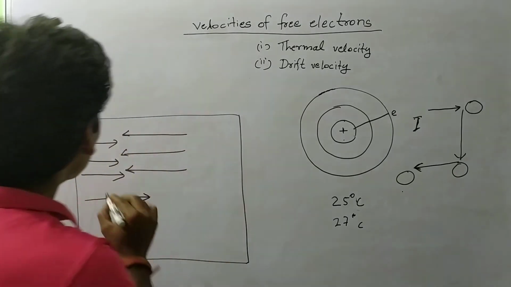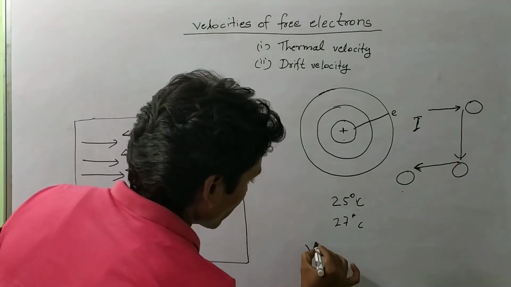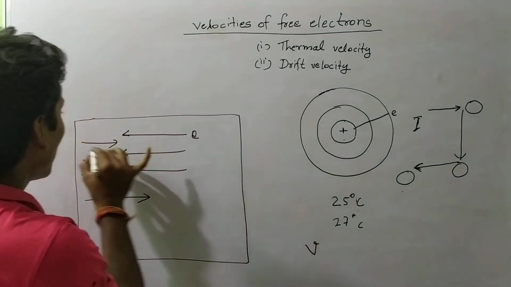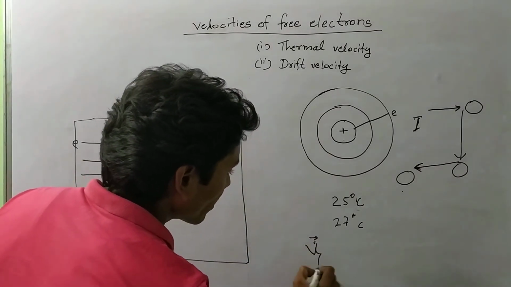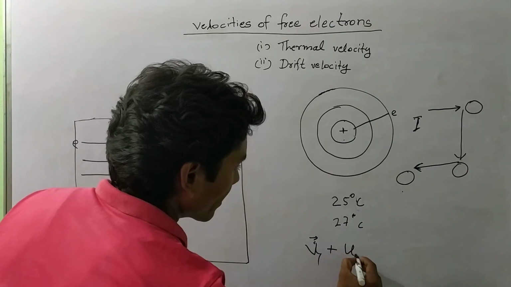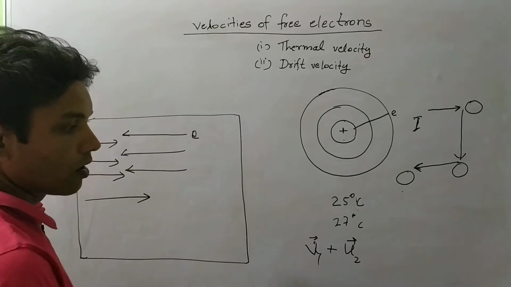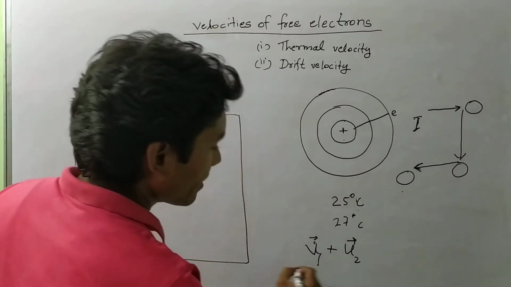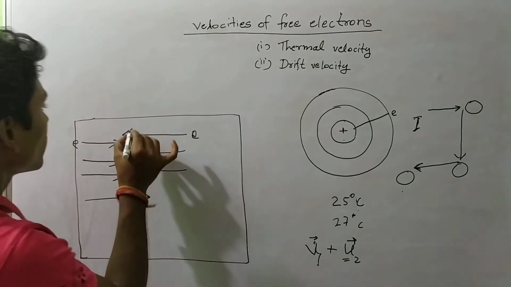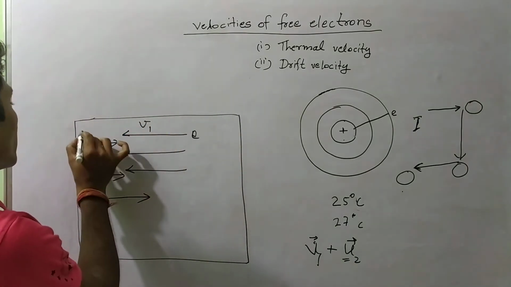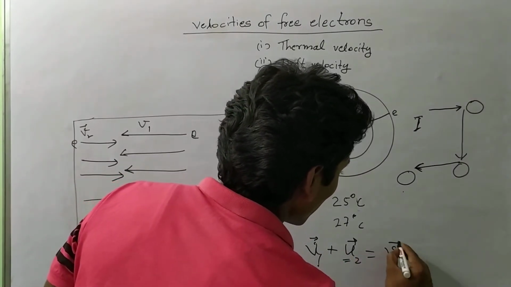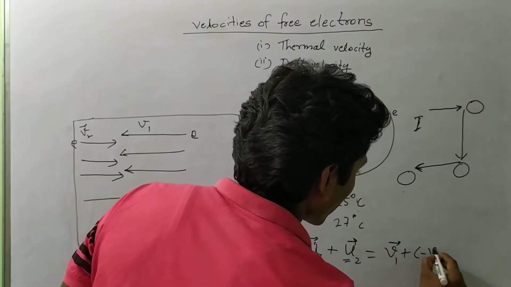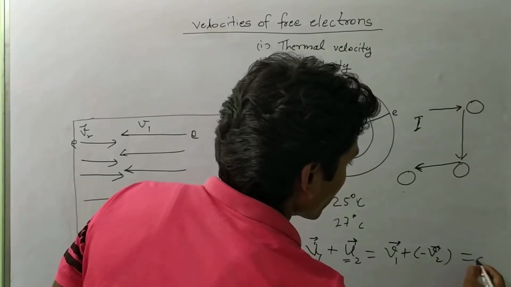If two velocities are there, for this electron and for this electron, it will be vector u1 plus vector u2, and because u1 is opposite to u2, vector u1 plus vector u2 will be equal to 0.